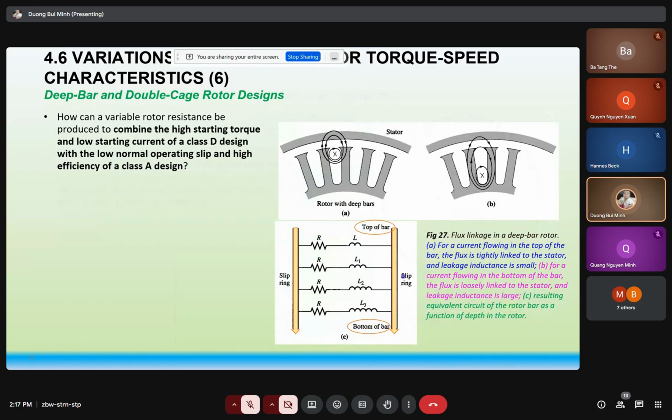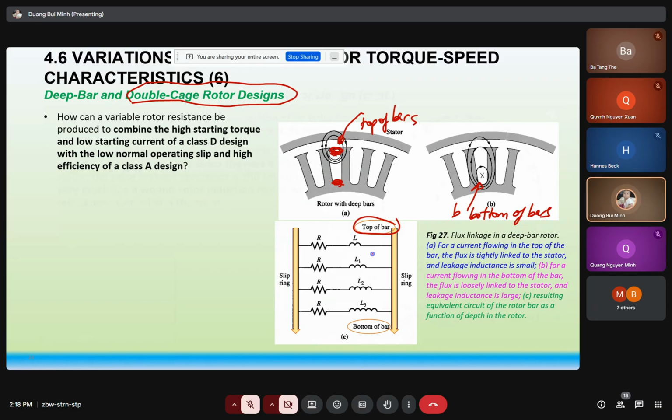This is the double cage rotor design. So we have, for example, the top of the conduction bar, and this one is at the bottom of the conduction bar.